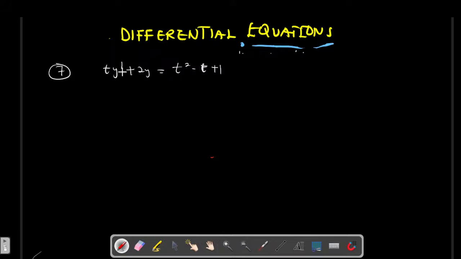Remember, y prime is the same as dy over dx. Now first of all, before you solve this differential equation, you ask yourself, what type of differential equation is this? You should know the type of differential equation before you can solve it. So the question that I'm asking is, what type of differential equation is that?